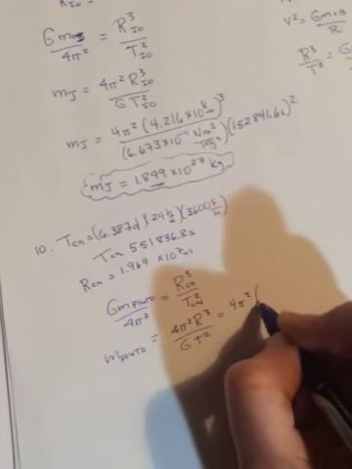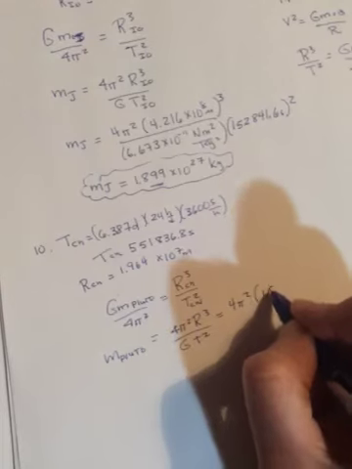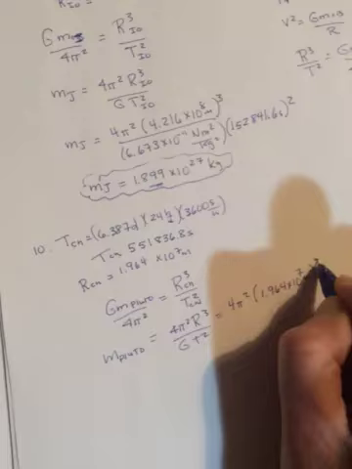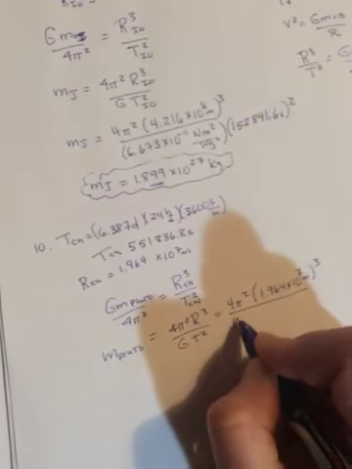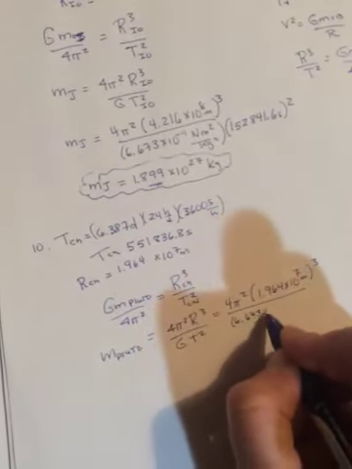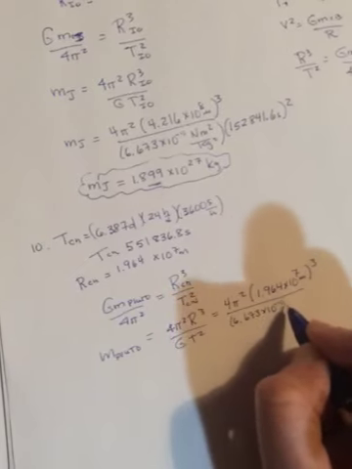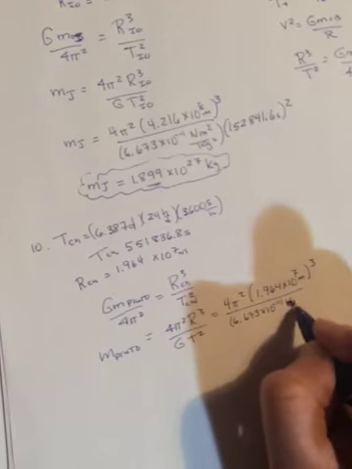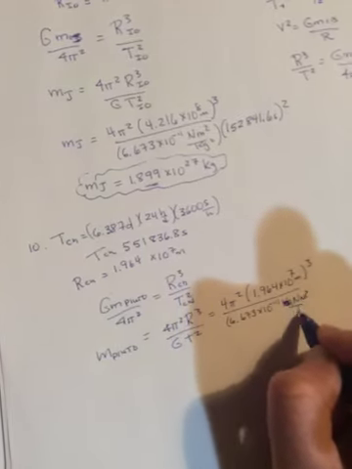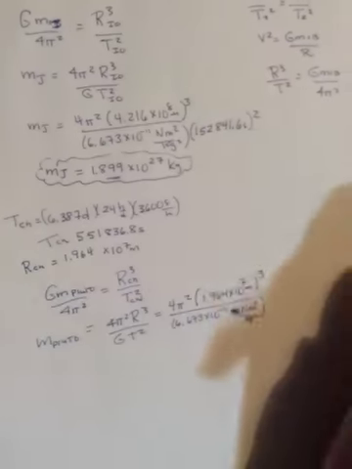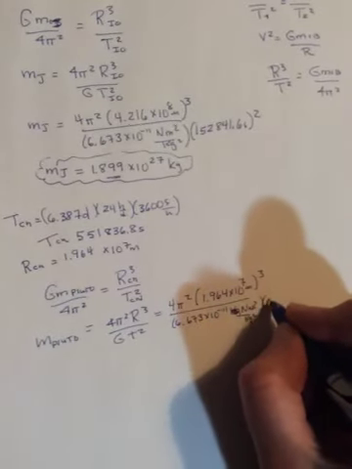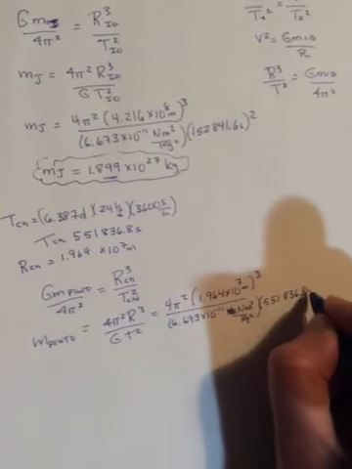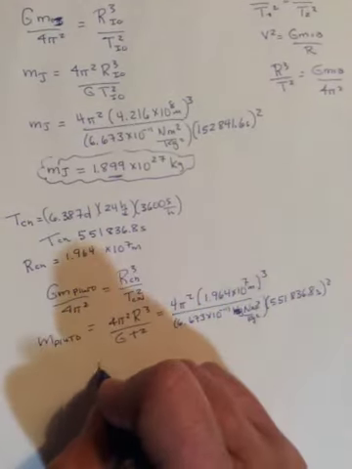So 4 pi squared, R was 1.964 times 10 to the 7th, again cubed, over 6.673 to the negative 11 Newton meter squared per kilogram squared, and this is 551,836.8 seconds, and that gets squared.